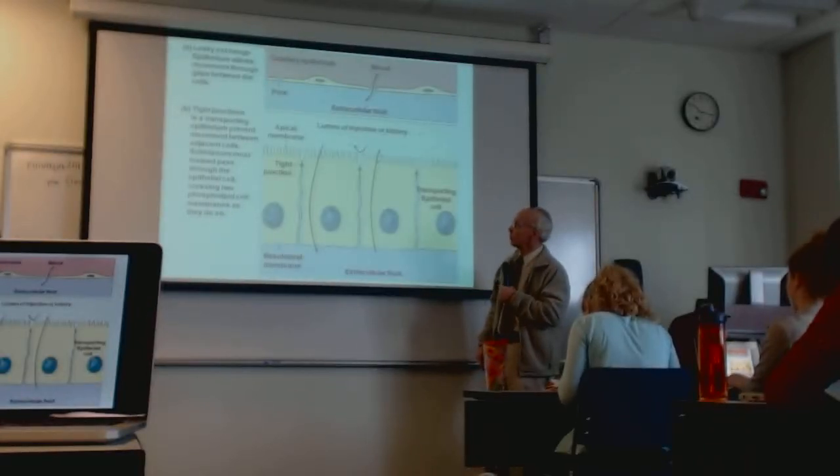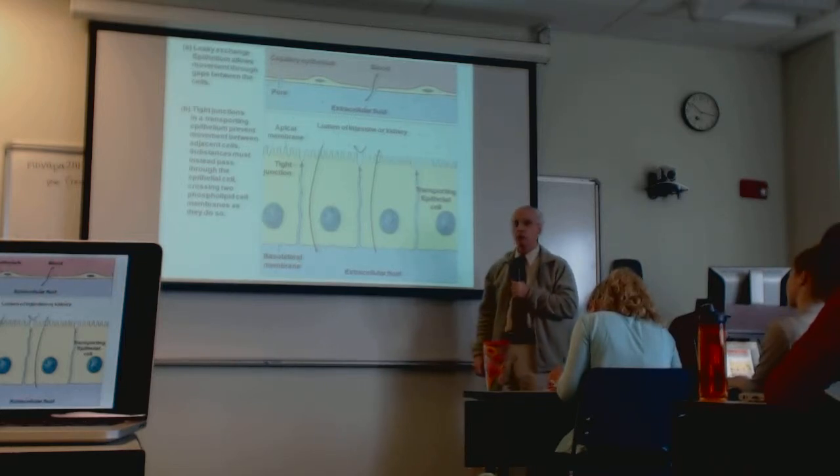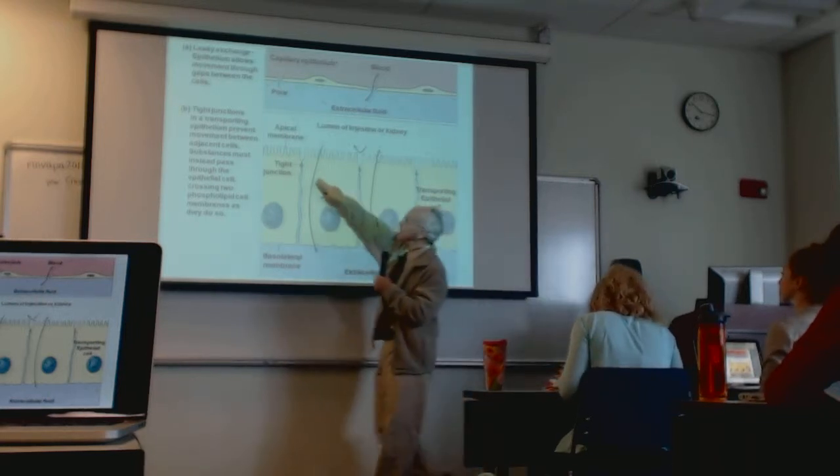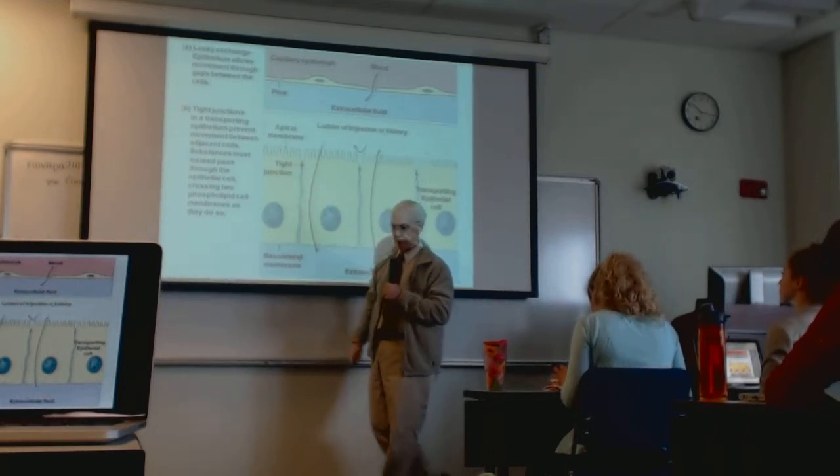But in general, most everything that's taken into the blood from the intestines should pass through the epithelial cells, and the tight junctions are very important in making sure that happens.